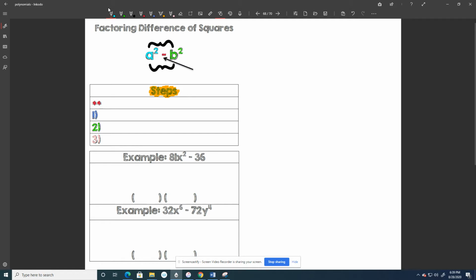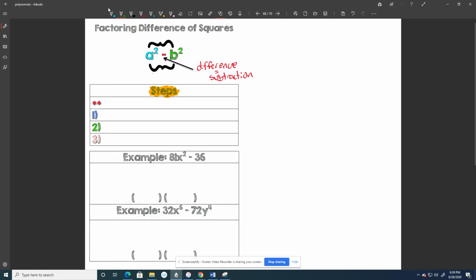Now, remember, this symbol right here in the middle, that minus sign, that's what gives us the difference part. Remember, difference means subtraction, okay? So if you see two numbers being subtracted, and the first term usually looks something like x squared, and there's not the middle term like what we had before.